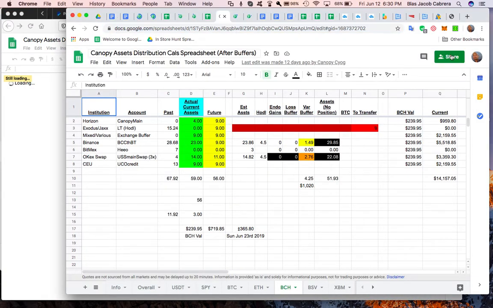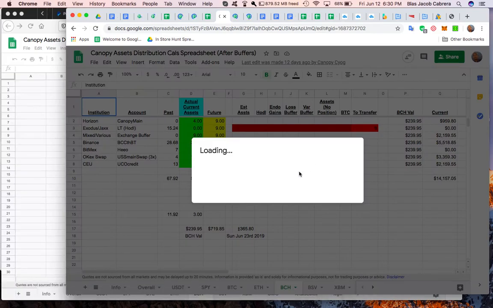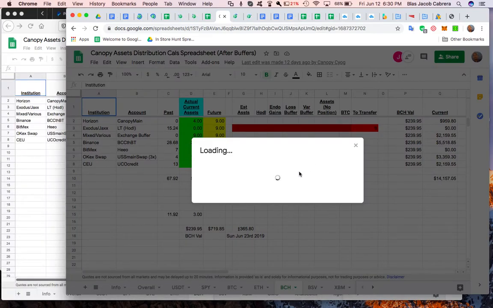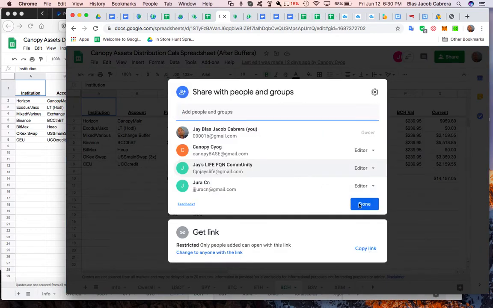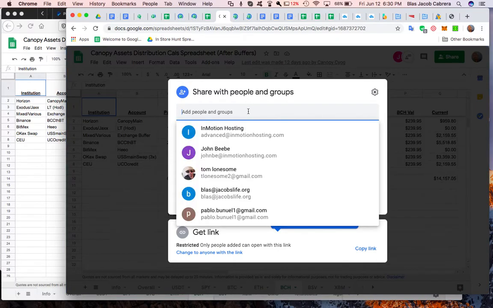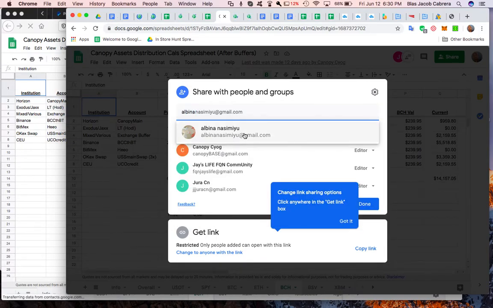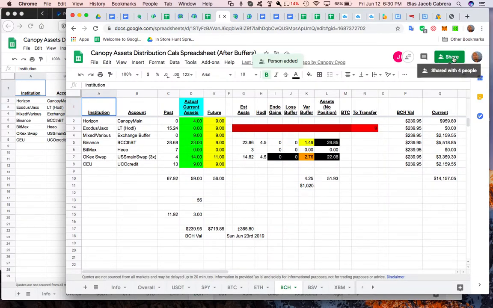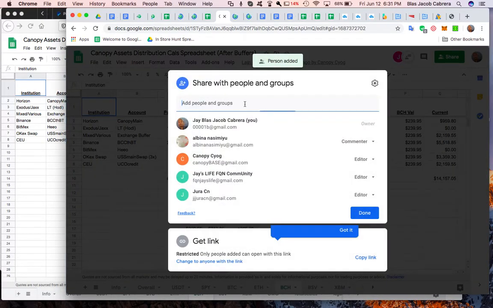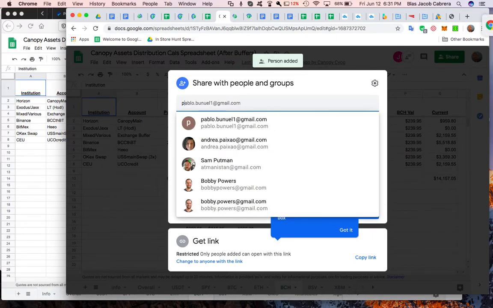All right, so share. There we go. So I'll just start you guys as commenters so you don't mess anything up by accident, because I'm just showing you how to do it now. But when you need to start doing work, we'll add you as an editor.